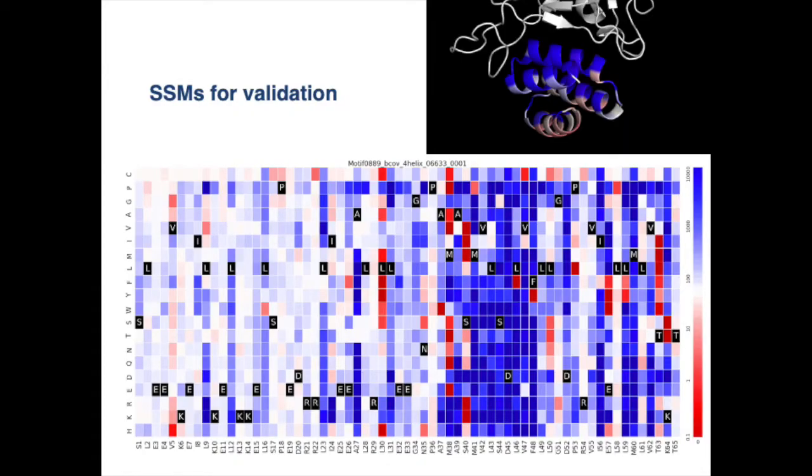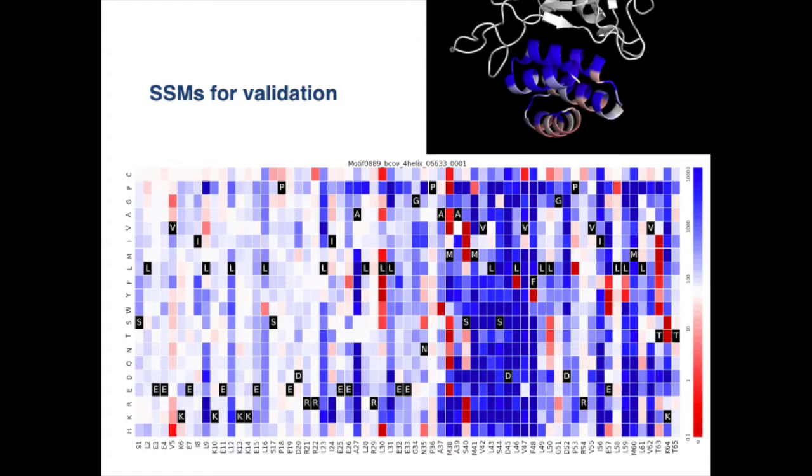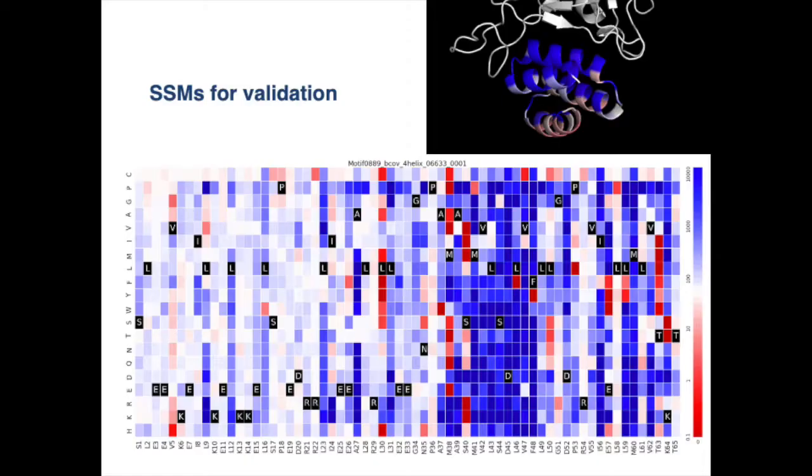Similarly, for helices 1 and 2, you can see this characteristic every 3 residue pattern where the interior residues of those helices are important and you shouldn't touch them, because if you mutate them, that helix may no longer fold properly. And you can see exactly where those blue residues are in this design model.